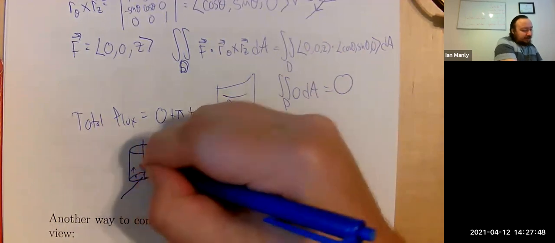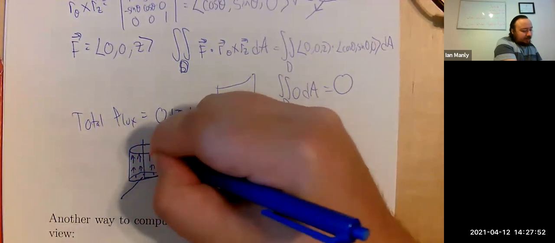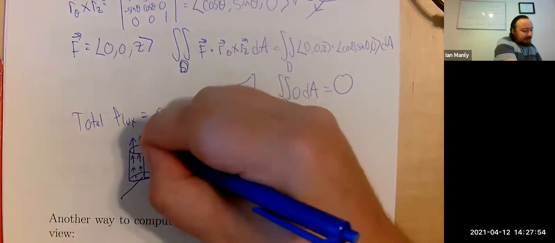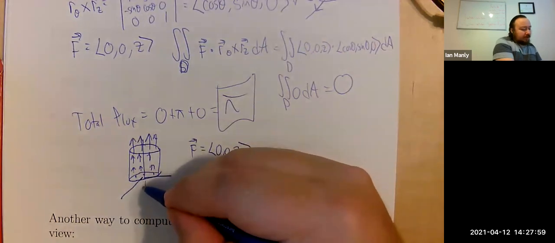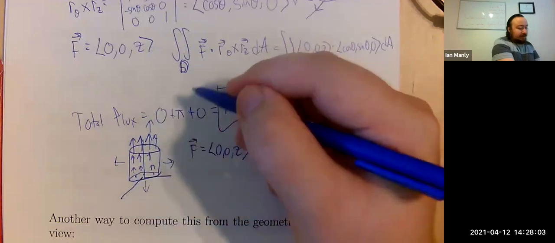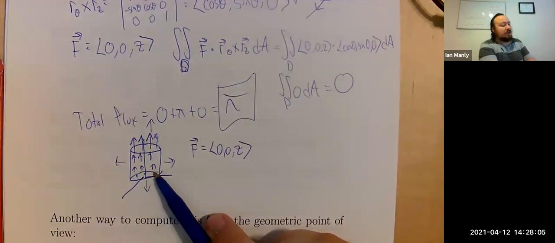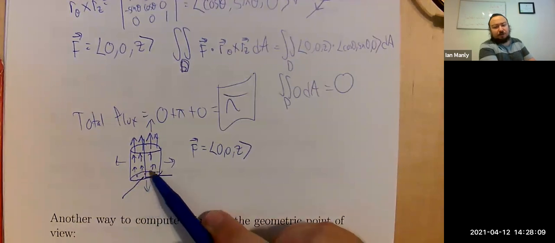We have tiny vectors here, medium vectors here, and then we're starting to get some bigger vectors as we come out here. And remember, the normal vectors are going to be like this, and like this. So on the bottom, our force field is 0. So there's no flux happening in either direction here. So this is going to contribute 0 right here.